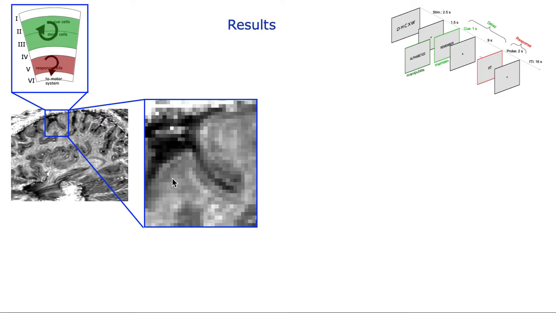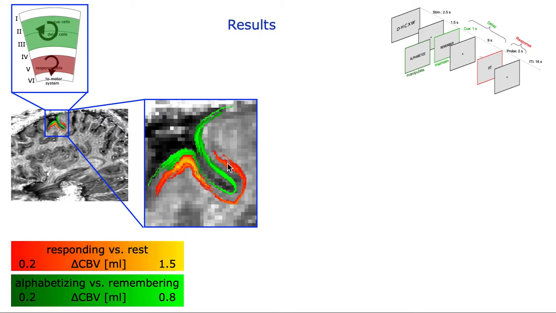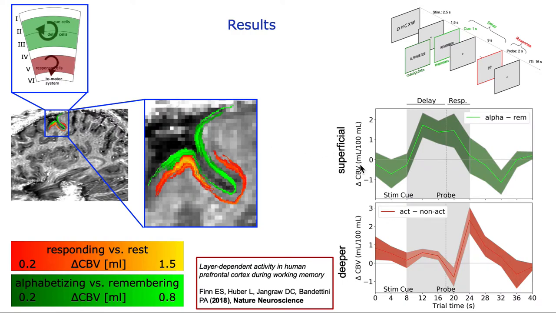Here, for example, for the response condition, we see activity mostly in the deeper layers following the cortical ribbon, whereas parallel to that in the superficial layers, we have this alphabetization activity, which might be better visible also looking at the time courses, where you see that the superficial layers really shoot up as soon as the participants start with this mental alphabetization task. And as soon as they found a solution, it goes back to baseline. Whereas the deeper layers don't really care much about the alphabetization, and they only shoot up as soon as you need to do this response decision.